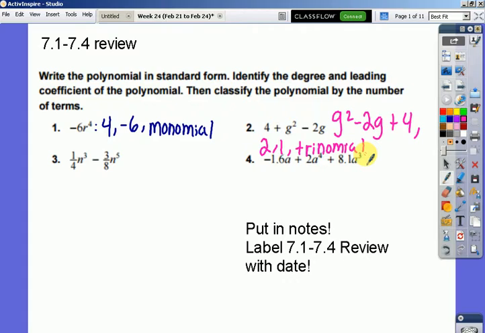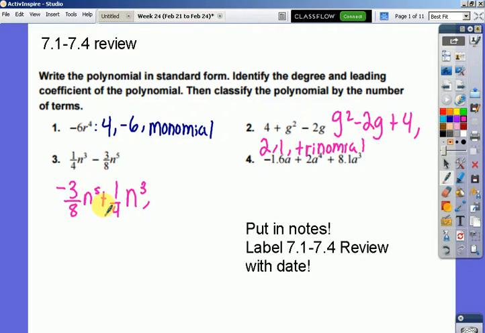Okay, what about number 3? -3/8 n to the 5th, perfect, minus 1/4 n cubed. Plus 1/4. You're right.